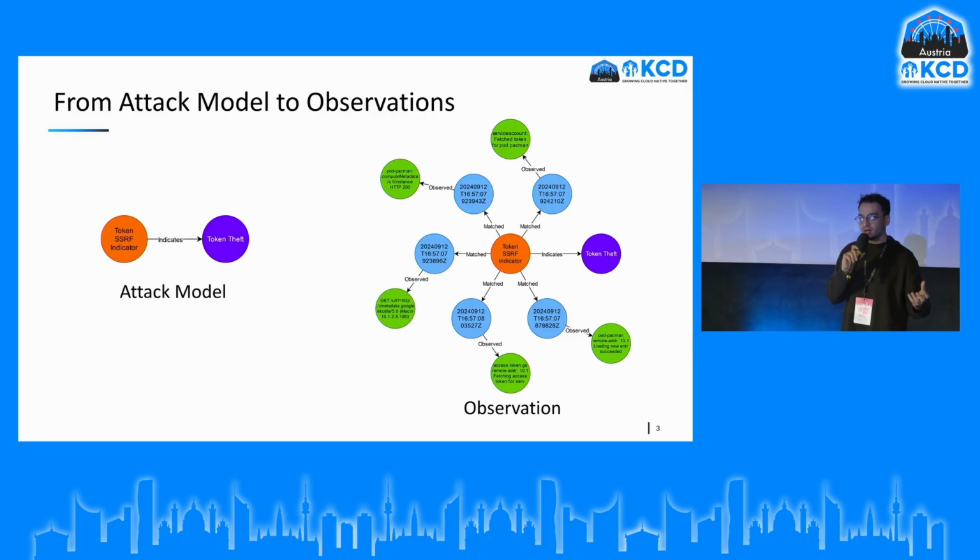And when the honey cluster detects such logs, it maps them to the attack. On your right, you see how such an observation, such a detection, would look. In our case, the honey cluster has detected 5 logs, which are the blue balls. And now we know these 5 logs are part of the token theft.